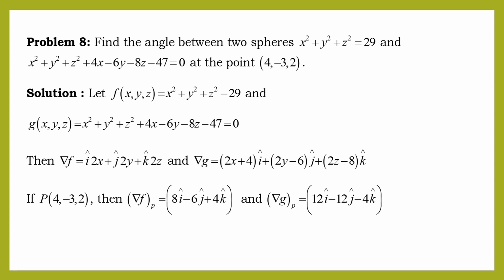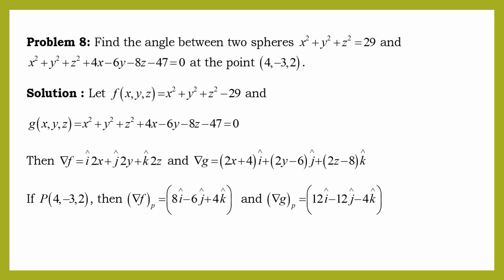Let us suppose that f of x, y, z equals x square plus y square plus z square minus 29. It is our first surface. The next surface is g of x, y, z equals x square plus y square plus z square plus 4x minus 6y minus 8z minus 47.